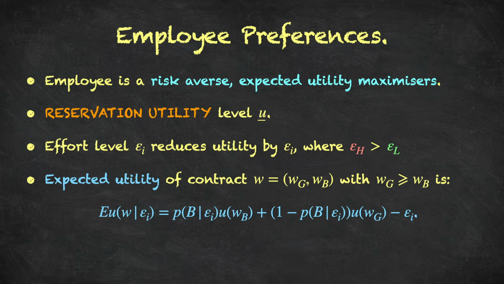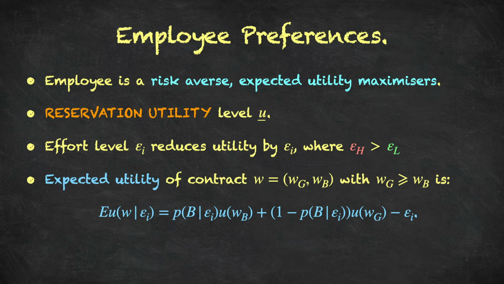Similarly, if they put in a low level of effort, there is an amount epsilon L by which their expected utility is reduced under that level of effort. So we're abusing notation a little here by using epsilon h to denote both the action of choosing high effort and also the amount that utility is decreased when they put in high effort.